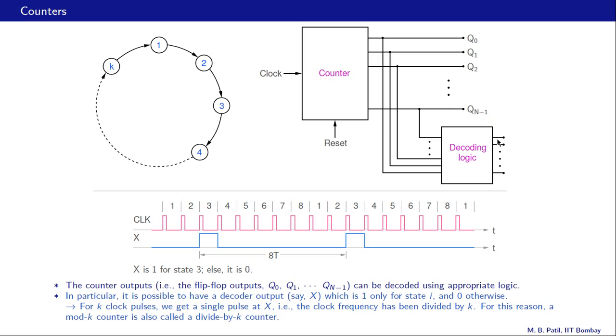That is, after K clock cycles, the output at any of these pins is going to repeat. Now, in particular, let us take this example. Let's say we have a mod 8 counter, that means K is 8. That means we have 8 states, 1, 2, 3, 4, 5, 6, 7, 8, and then back to 1. This is our clock signal.